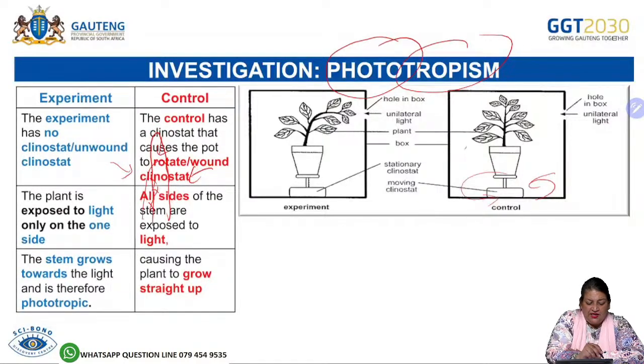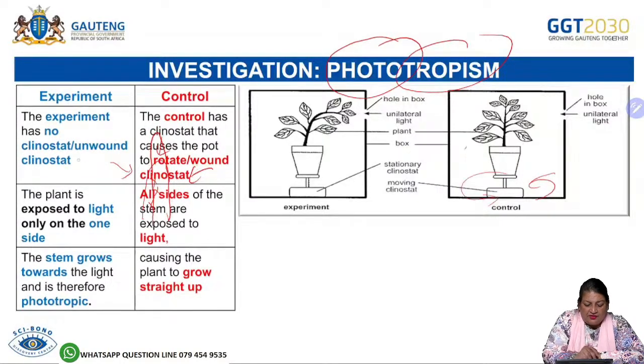And you can see the experiment. The clinostat is unwound or stationary, but in the control, the clinostat is rotating. When your plant is rotating, like here in your control, all sides are going to get light. But in the experiment, where it is stationary, only one side gets light.